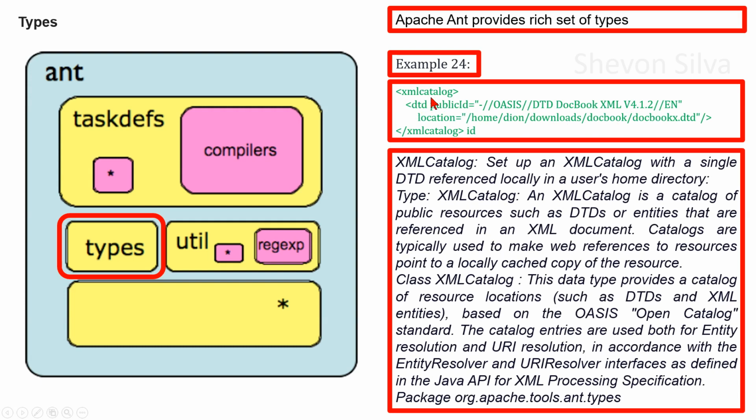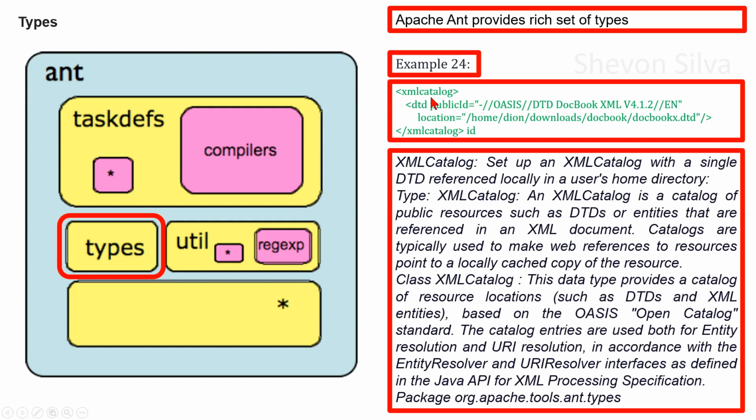With regard to the API, we can consider XML catalog. This data type provides a catalog of resource locations such as DTDs and XML entities based on the OASIS Open Catalog standard.